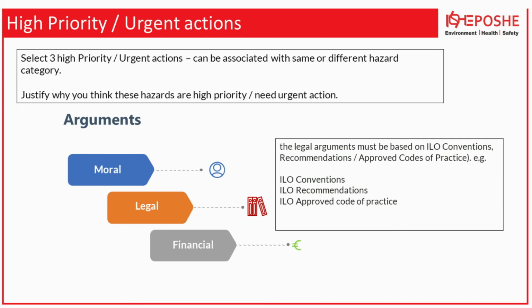Once you have completed the risk assessment table, you have to bring 3 high priority actions which you think need immediate attention. These actions may be taken from different hazard category, or from the same hazard category. Remember, you should not introduce any new actions which are not there in the risk assessment table.